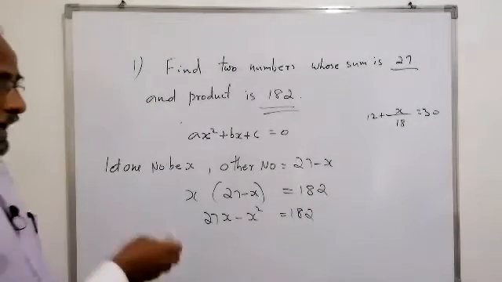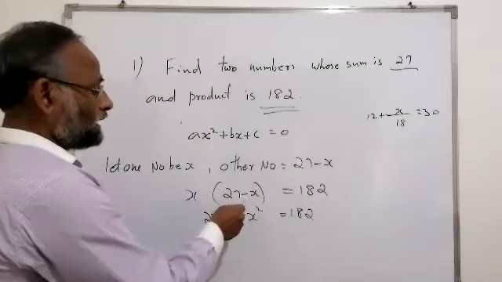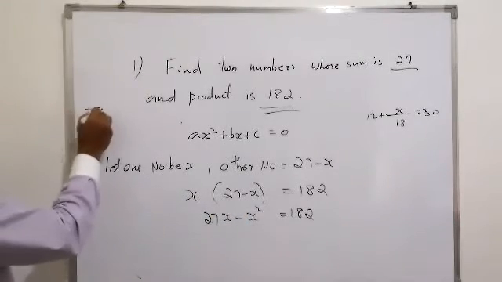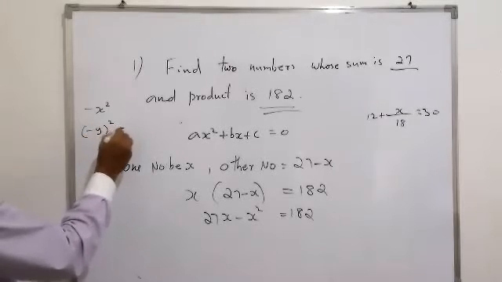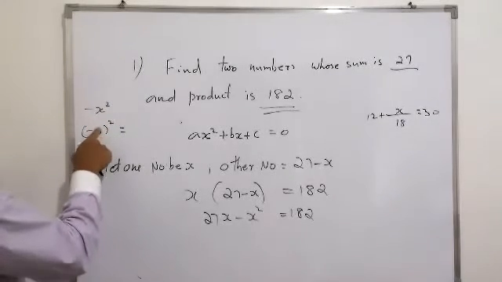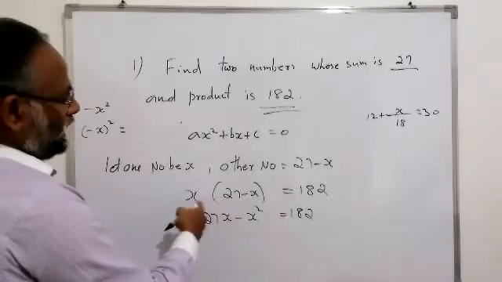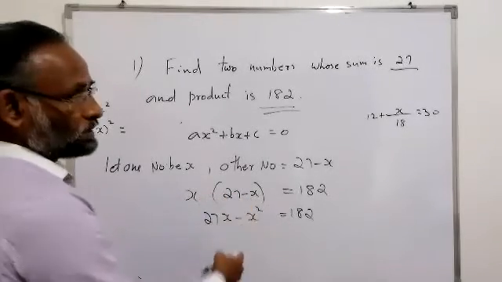I am telling you the trap. x into x is x square, I know, but minus x square. Maybe I told you before also, minus of x square, this is different. Both are not the same. Here the minus came here. x into x is x square, plus into minus x square.